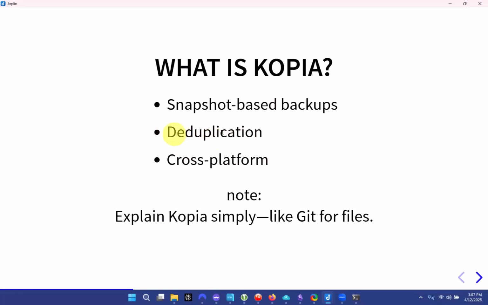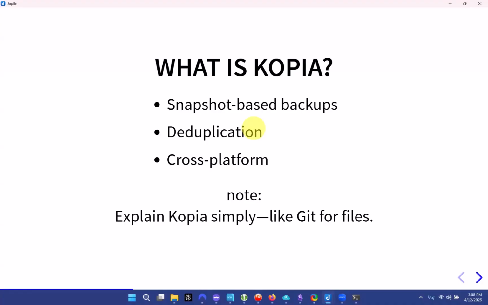Deduplication. What does deduplication mean? Deduplication means that it's going to guarantee that your backup is not going to be enlarged because you have duplicates of big video files and pictures and things. And I've run into this before.